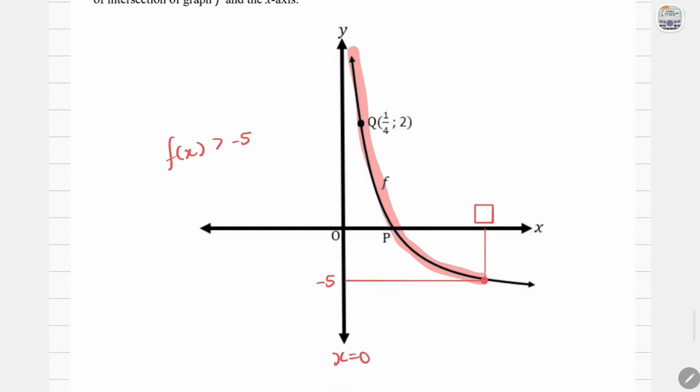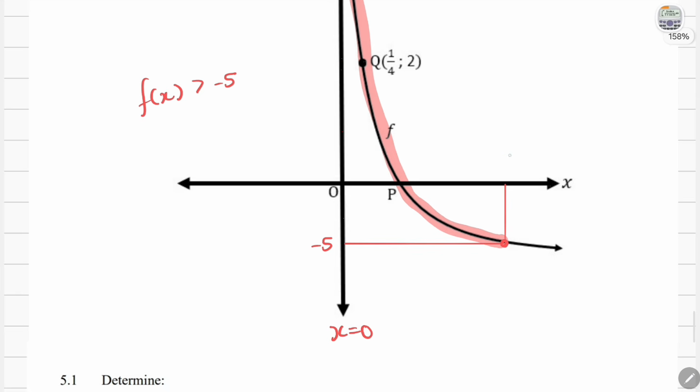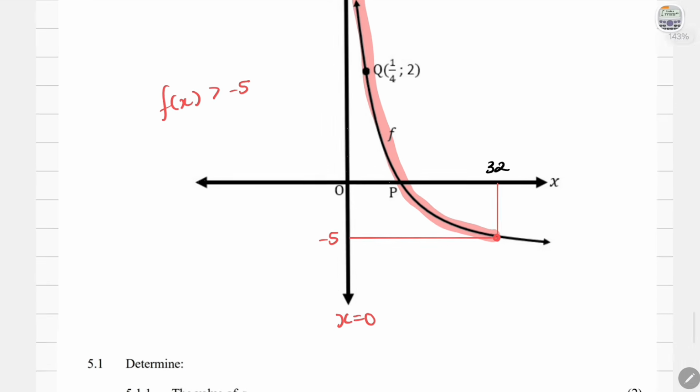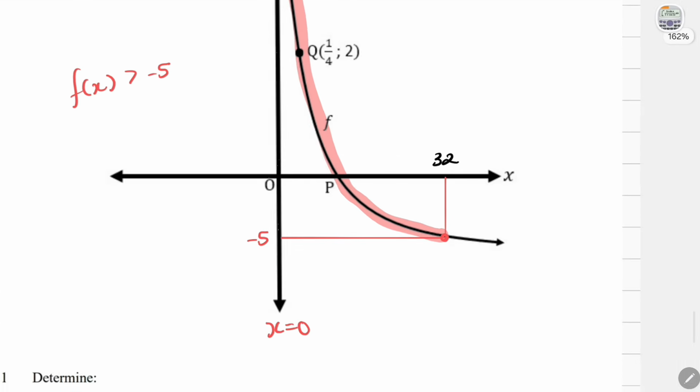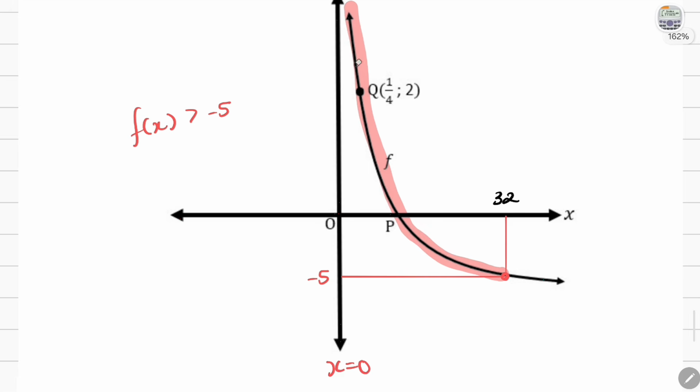Looking at our graph, this is at 32. And now the values of x for which this shaded region exists would be, remember, it can't go past 0, because it's just going to get closer and closer to that y-axis. So look at these values. You see where they are relative to 32 and even 0.